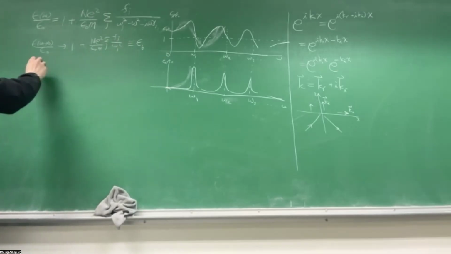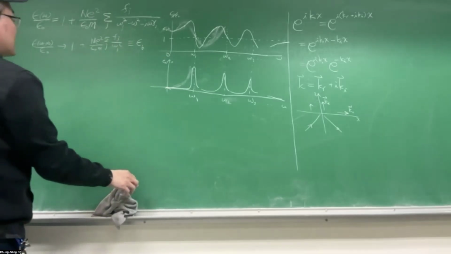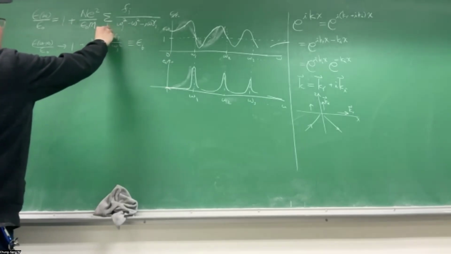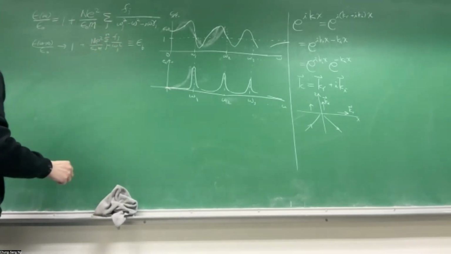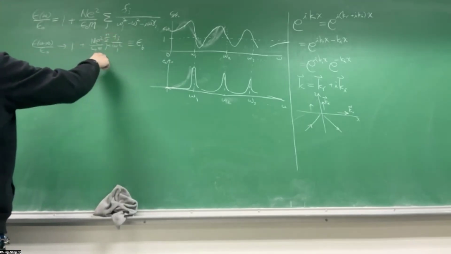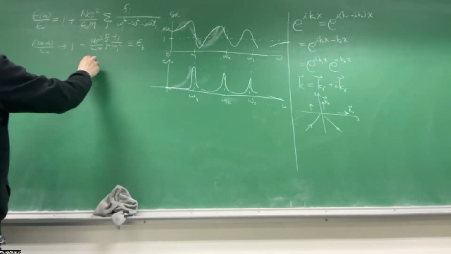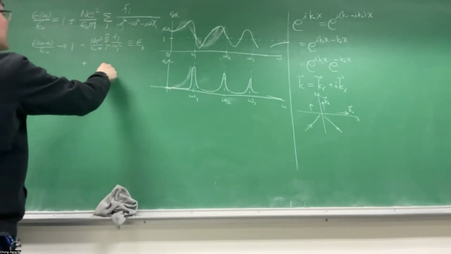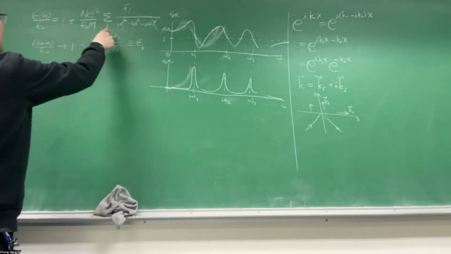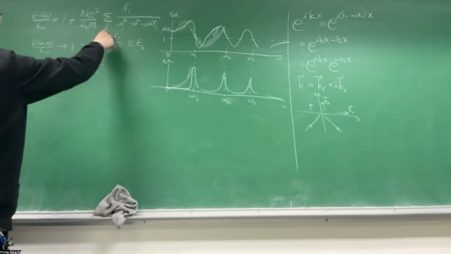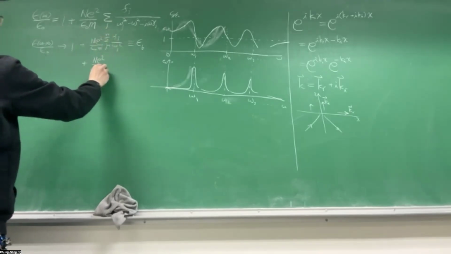In that case, this is the sum over 1 to whatever the number of atoms in the molecule. But then you have the zero frequency term representing free electrons, so you still have this N, because everything is still the same, you just take the j equals 0 term.